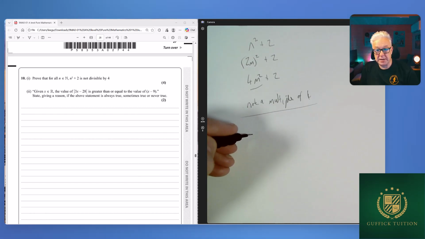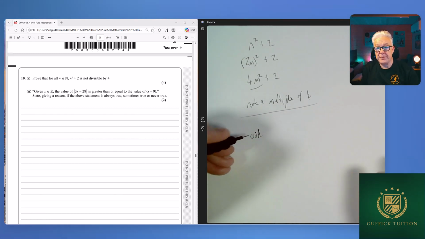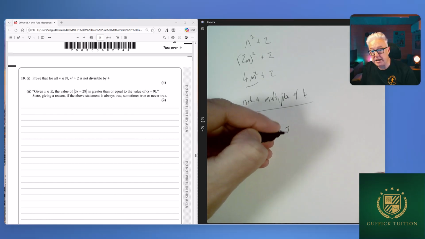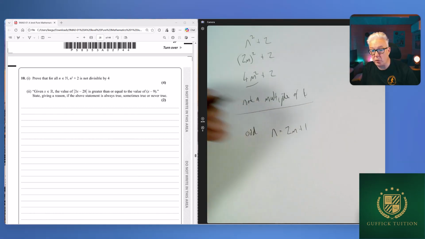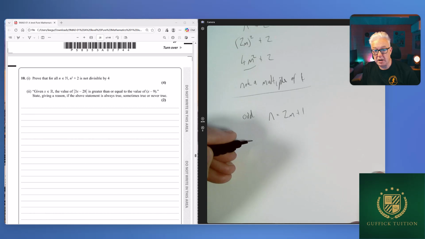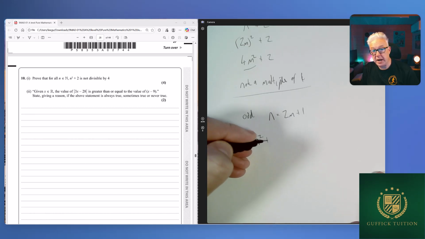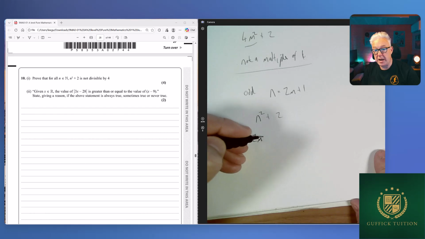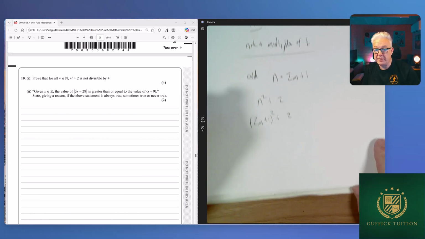Now let's consider the situation where we have odd. If n is odd, n is going to equal 2 times m add 1. So let's consider our n squared add 2 in this situation. That is going to be 2m add 1 all squared plus 2. It's just like year 11, isn't it, again?